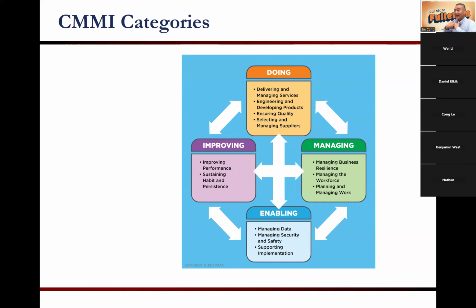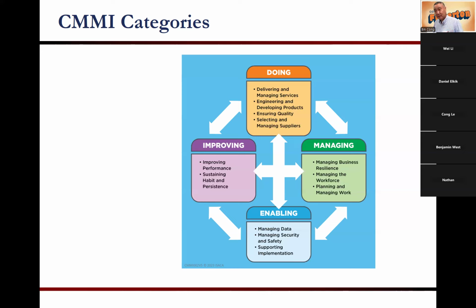So the way we divide the model content is, first, we have 4 categories, right? So there are 12 capability areas. You don't have to memorize anything. In my class, you don't need to memorize anything, okay? The 12 capability areas belong to 4 different categories: doing, managing, enabling, and improving. So if you think about this, CMMI is sometimes a methodology you can apply almost anywhere.